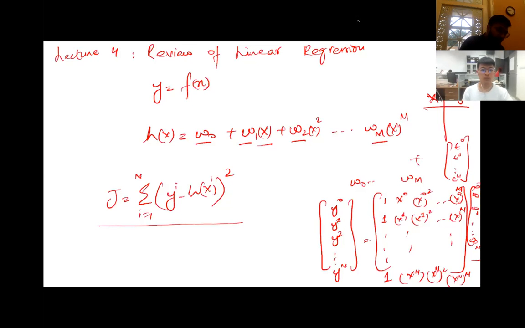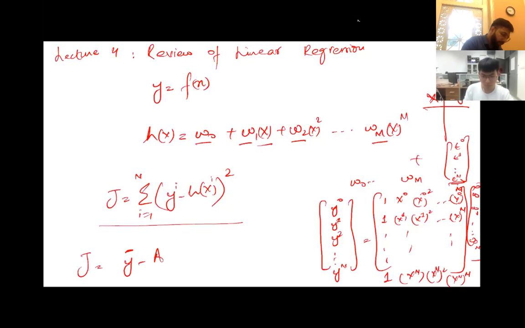And in order to minimize the norm of these error terms, we can write the loss function as y vector minus Aw, where this is y, this is A, this is w, and this is e. All these are vectors and matrices.